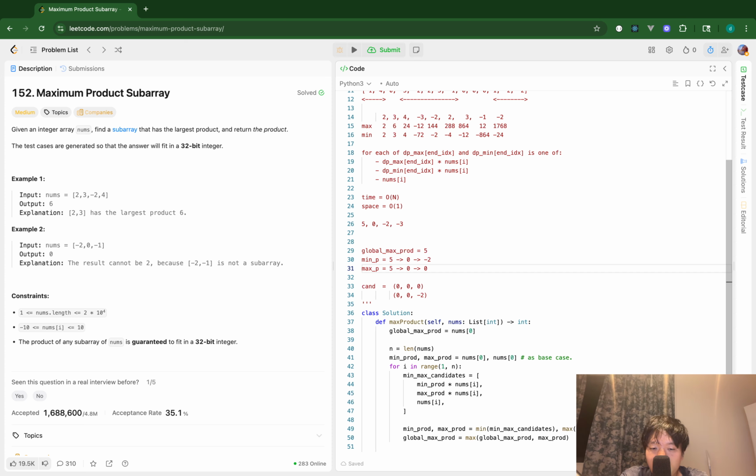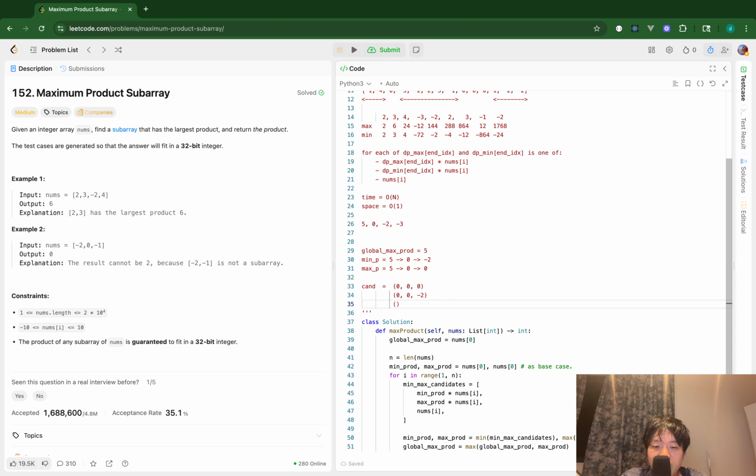So I go back to line 41, and now this is the last index, and nums I is -3. So the candidates become now 6, 0, and -3. So the biggest number should be 6, and minimum should be -3. Good.